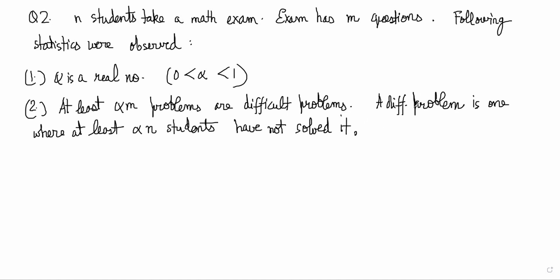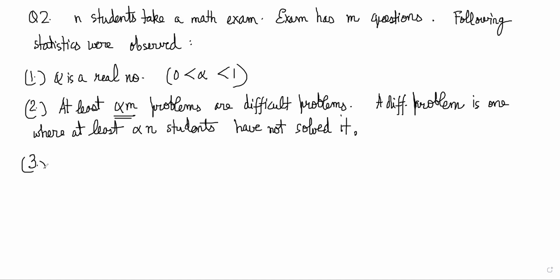So what is a difficult problem? A difficult problem is one where alpha times n, some fraction of students have not solved it. And the statistic that was observed was that at least alpha times m problems are difficult problems.